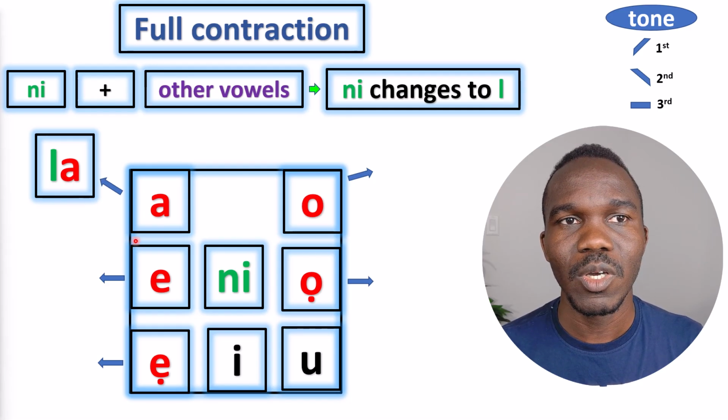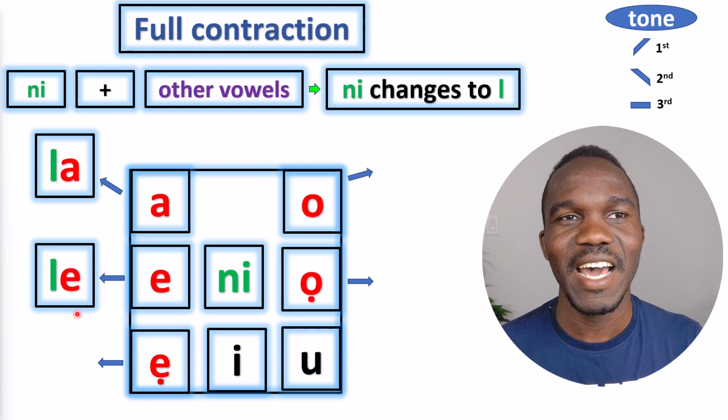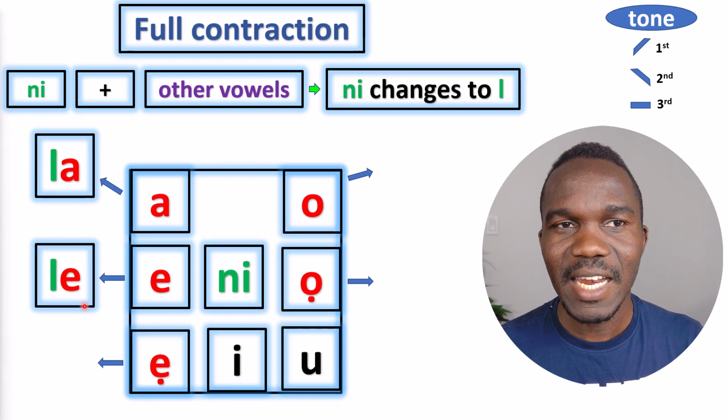Let's look at the next one. What do you think? If ni joins with the next word that starts with e, what do you think it's going to be?